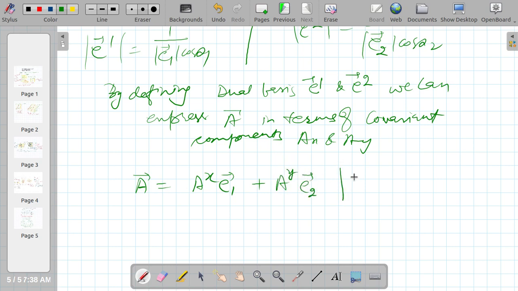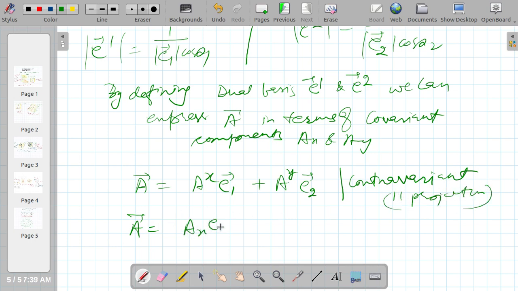This is the contravariant formulation, or you can say the parallel projection. Similarly, it can be written as AX E1 plus AY E2 with the dual basis.